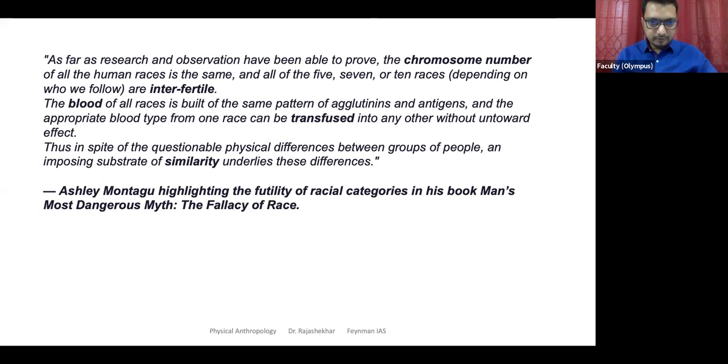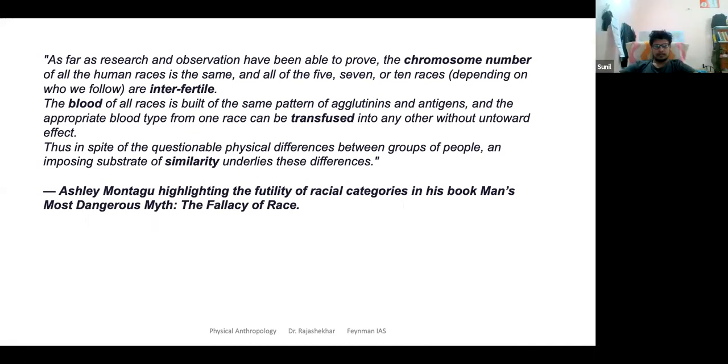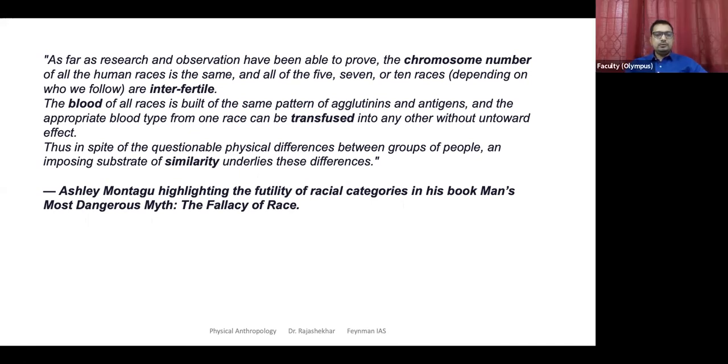So this was taken from Ashley Montagu's work, highlighting the futility of racial categories in the book called Man's Most Dangerous Myth: The Fallacy of Race. In that book, Ashley Montagu made the point that we have so many similarities and fewer differences among us, among races, basically.